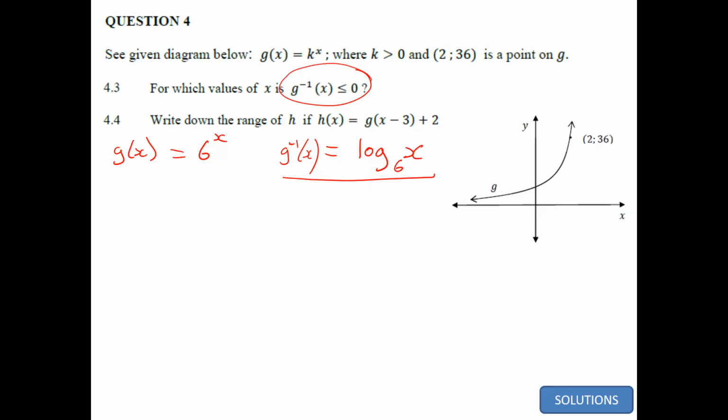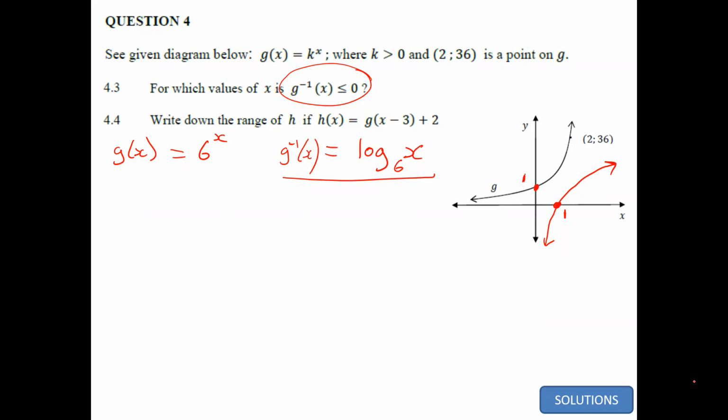All right, let's get into this question. Now, remember, if we actually quickly sketch this, just to give you an idea, this will be the inverse. And this point here on the graph, it will be 6 to the power 0, which is actually 1. 6 to the power, the x value is 0, so 6 to the power 0 is 1. And that point actually moves here to 1.